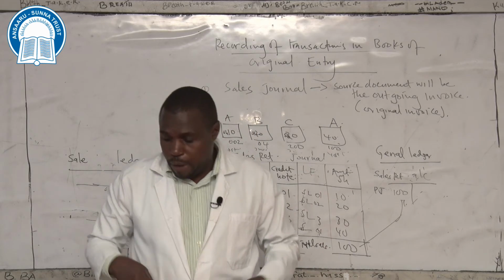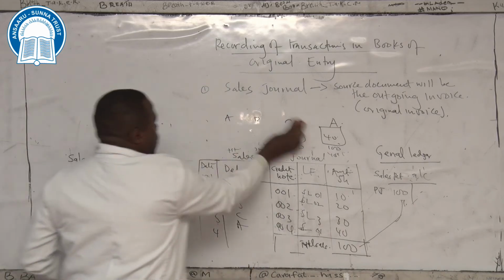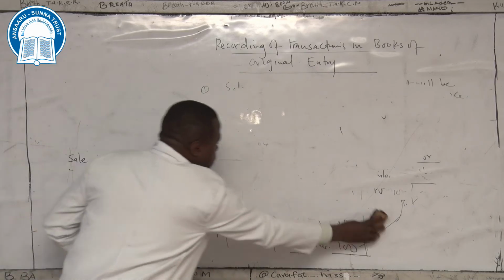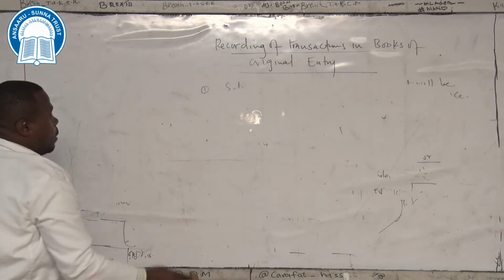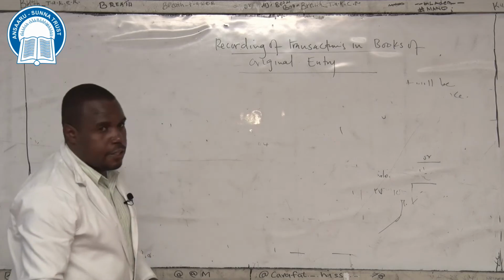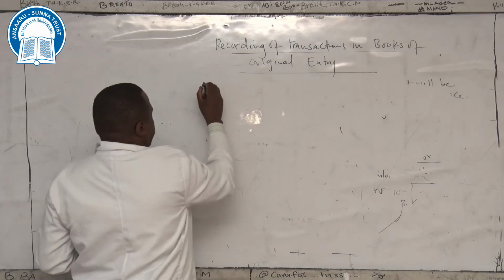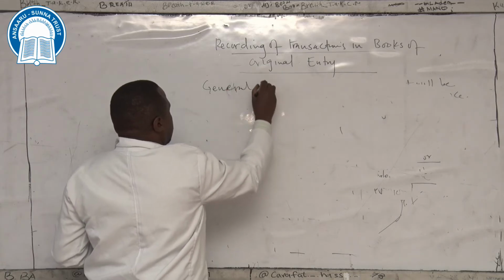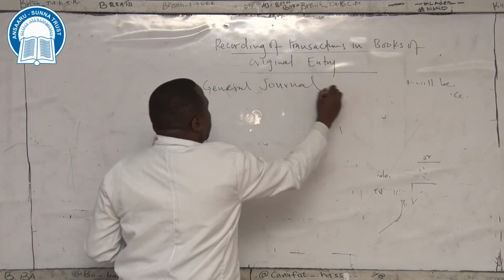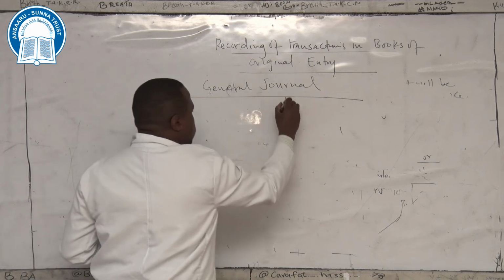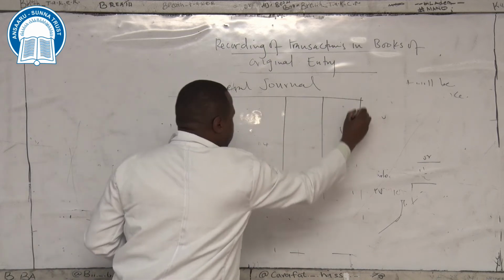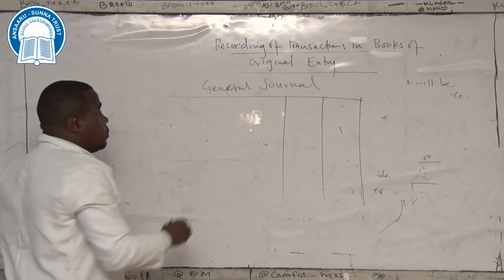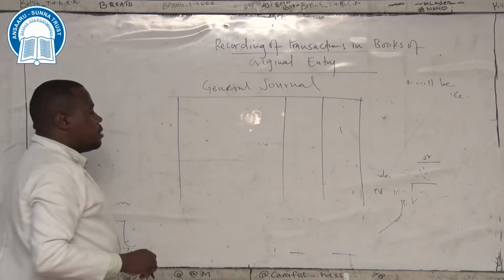For example, let's look at the general journal. If you buy a fixed asset on credit, a general journal will look like this. You have to record it, and the rules are very simple.